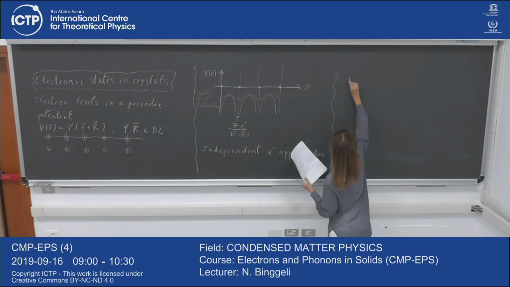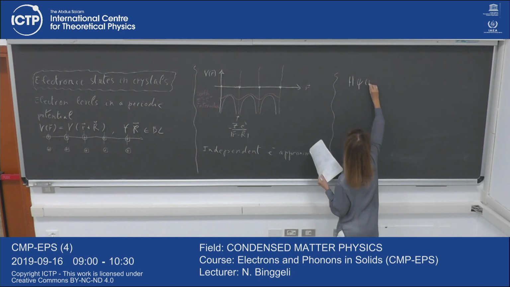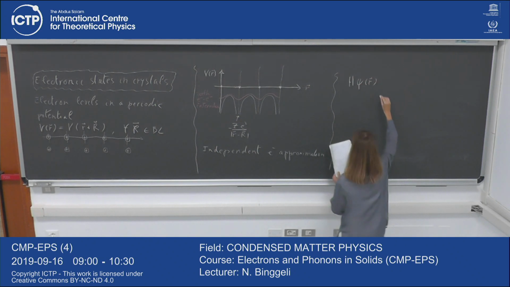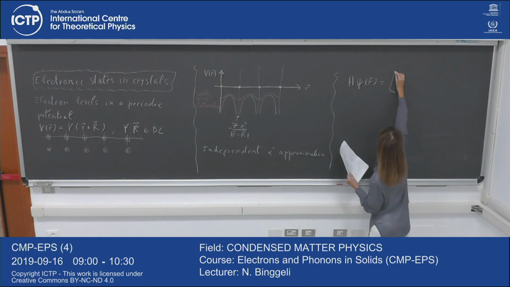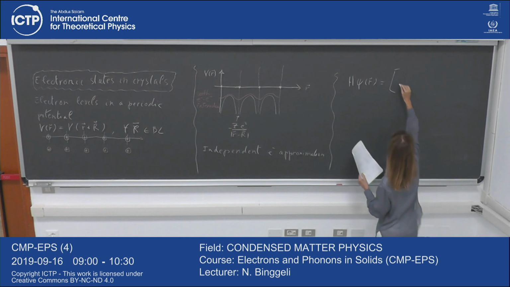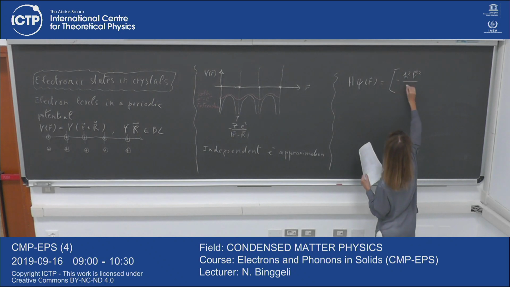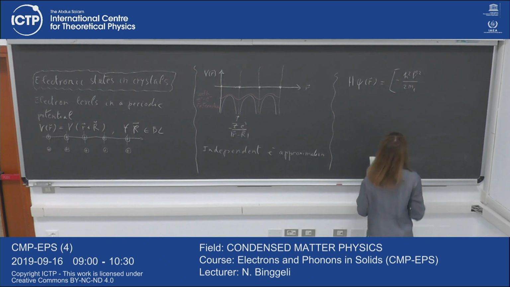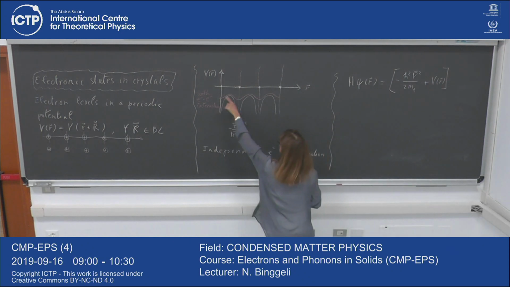That is the one electron Schrodinger equation, H psi of R equals my Hamiltonian with the kinetic part, minus h bar squared gradient squared divided by 2 times the electronic mass, plus my potential, my crystal potential, which will be this potential in red.